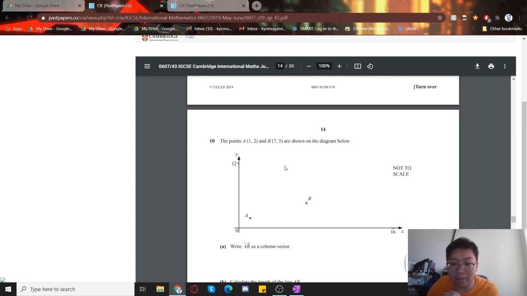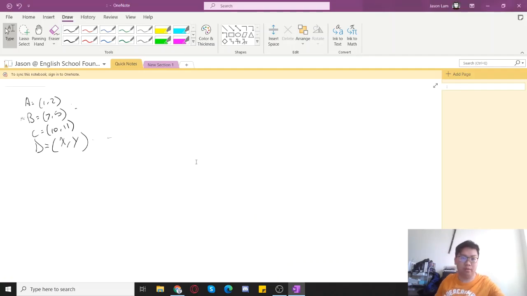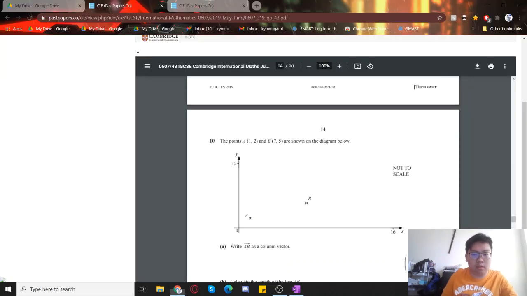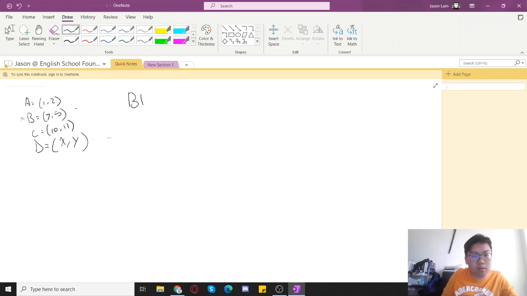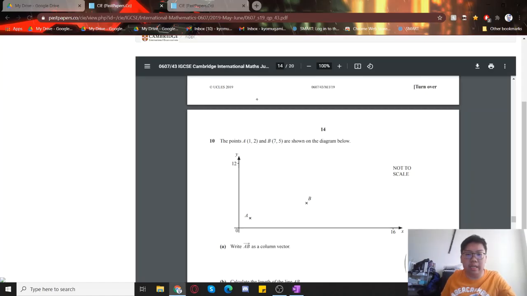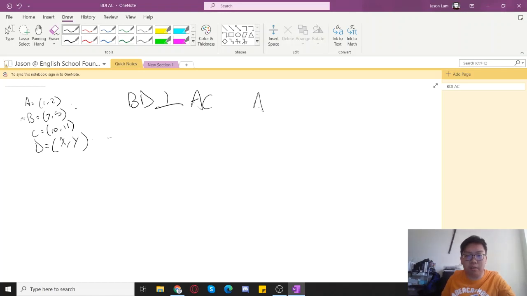One thing we know for sure is that now we know that D is going to be here. So DB is going to be perpendicular to AC. Okay, there we go. So that's the perpendicular side, and AB parallel to CD. Okay, there we go. That makes life a lot easier.